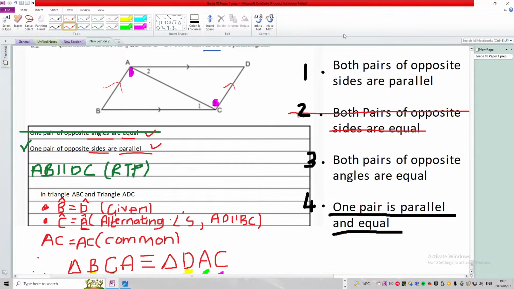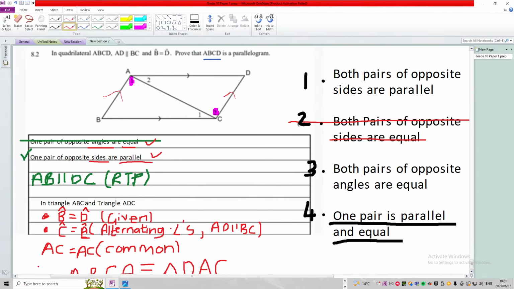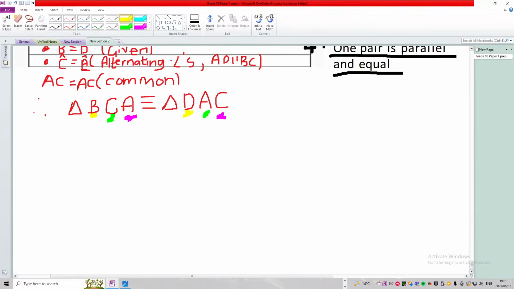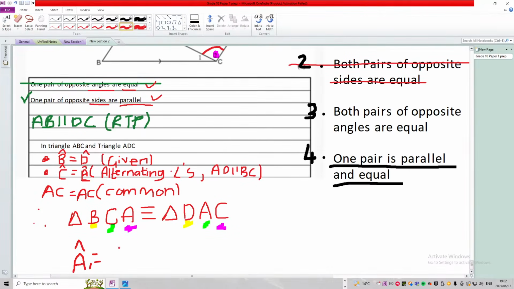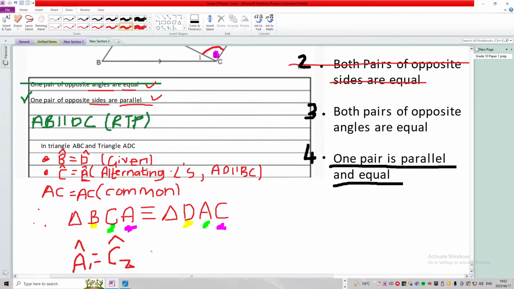So if I look at that angle A1, which is part of this triangle, this purple one here, angle A is equal to this angle C for the second triangle. We are referring to the C here, so A1 is equal to C2, because we've proven the congruency.